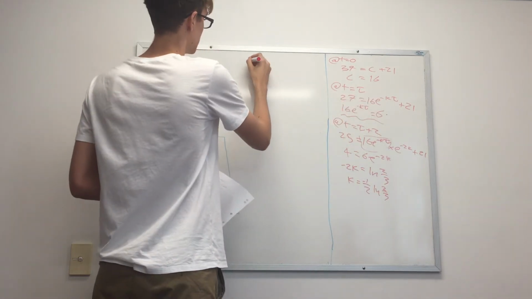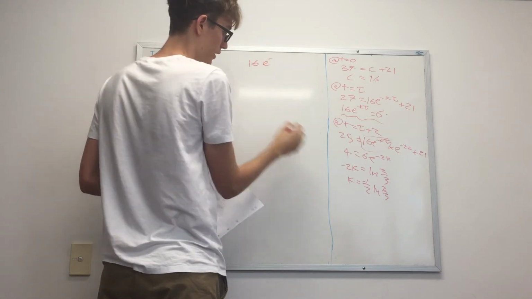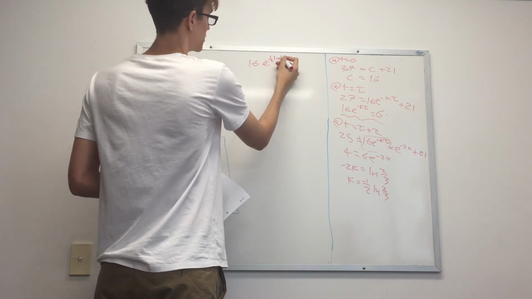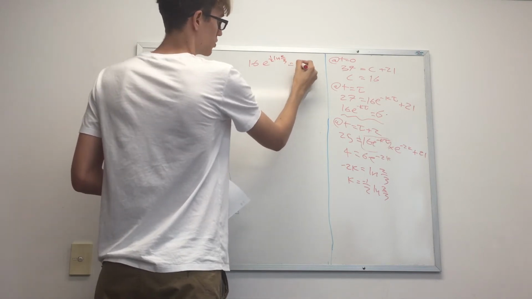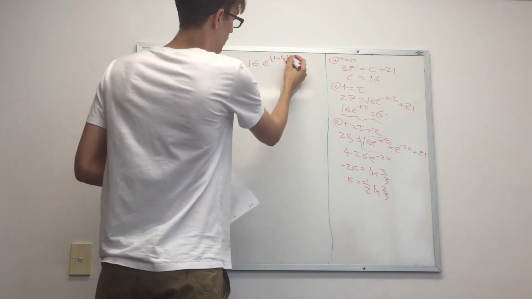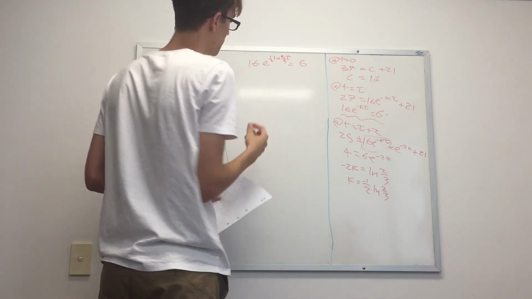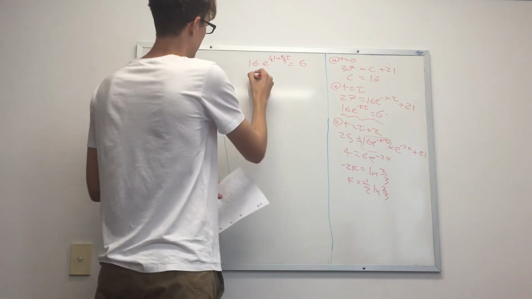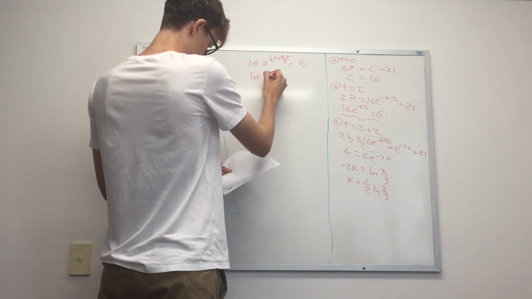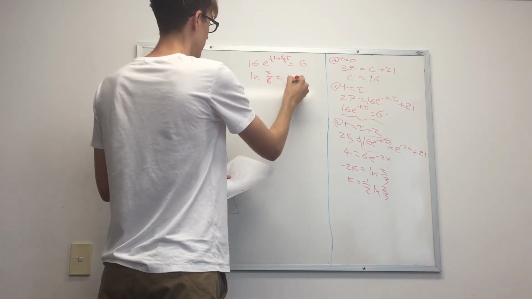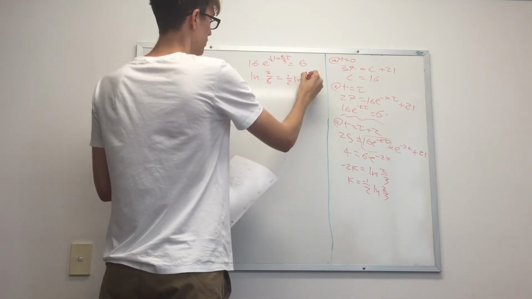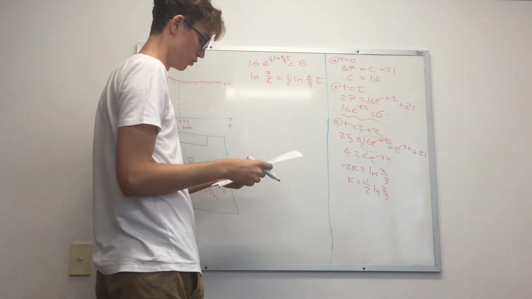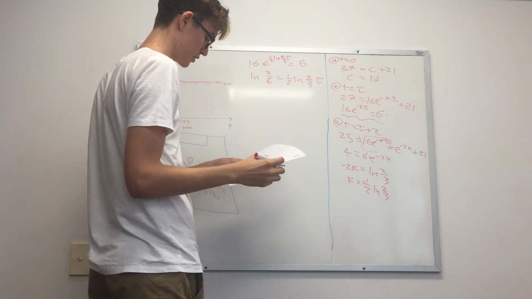So we've got 16 e to the negative, so that would be positive, half ln 2 on 3 t_or is equal to 6. If we rearrange and take the ln of this, we're going to end up getting ln of 3 on 8 is equal to half ln of 2 on 3 times t_or, which allows us to get this with respect to t_or.